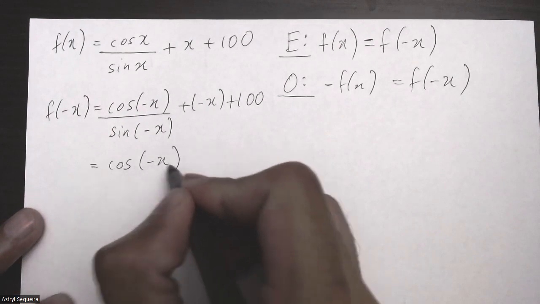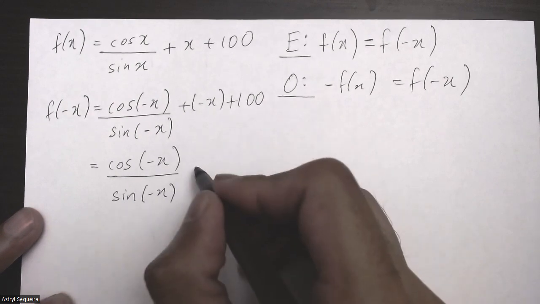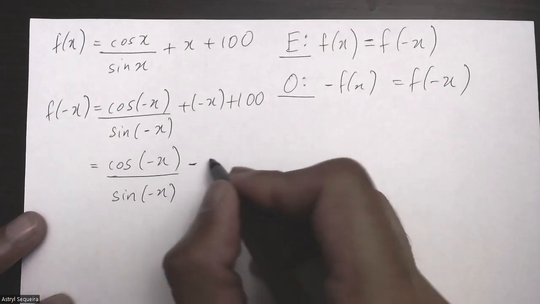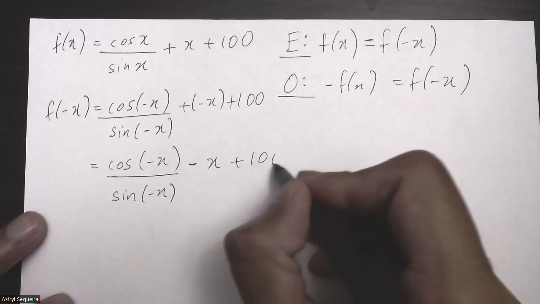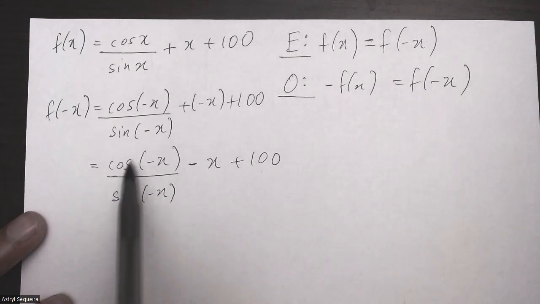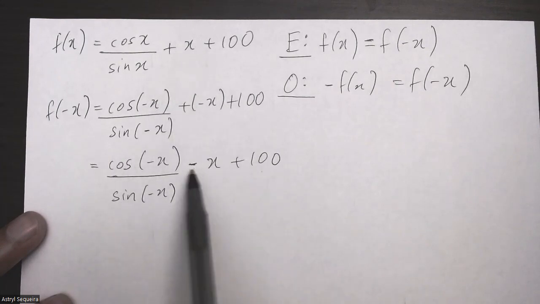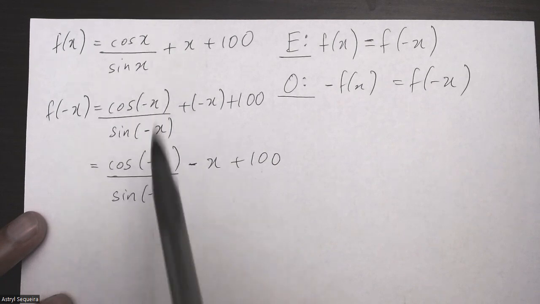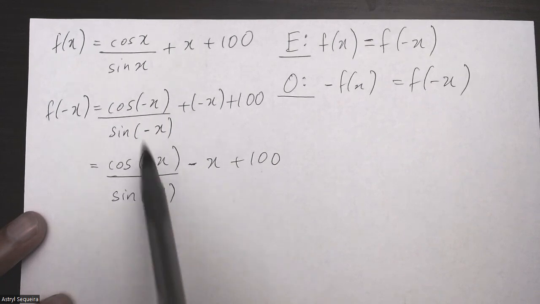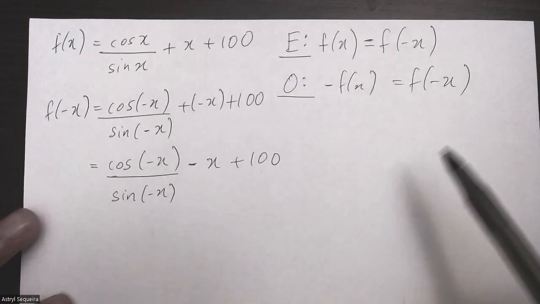So cos of negative x over sine of negative x minus x plus 100. And if we compare these two, we don't even have to compare the trig part over here, because this is plus x and this is minus x. So we know these two are not the same. This would not be an even function because it failed the test for even.